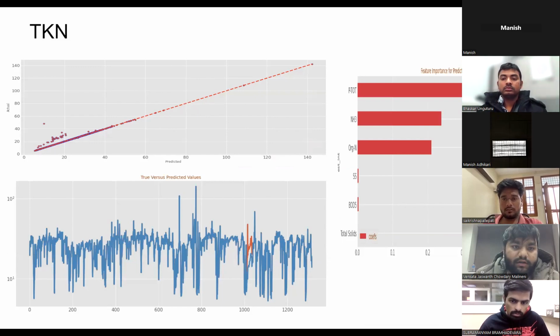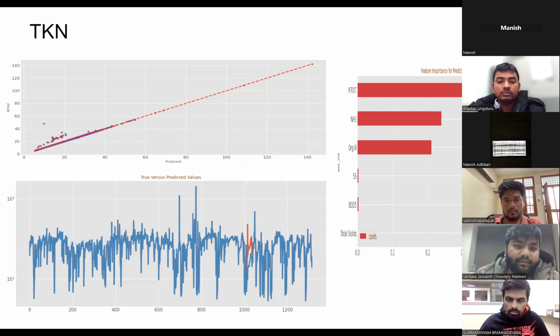Here in the left side first graph, the red dotted line is the actual values and the purple one is the predicted values. You can see that in most cases it predicted well.